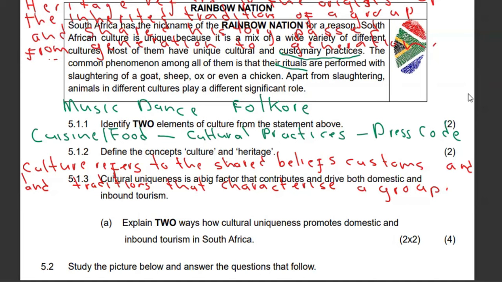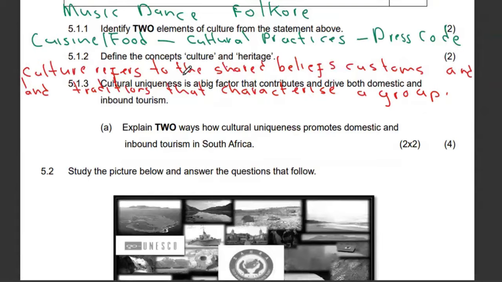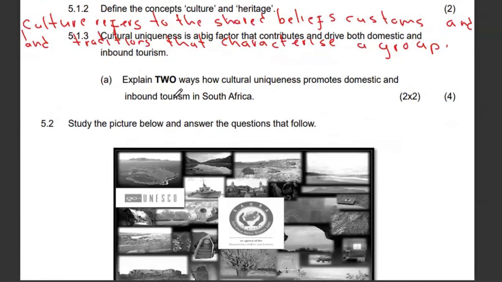Then now moving on to the next one. Cultural uniqueness is a big factor that contributes to and drives both domestic and international tourism. Explain two ways on how cultural uniqueness promotes domestic and international tourism. So it boosts local businesses because it attracts people who want to experience those cultures.